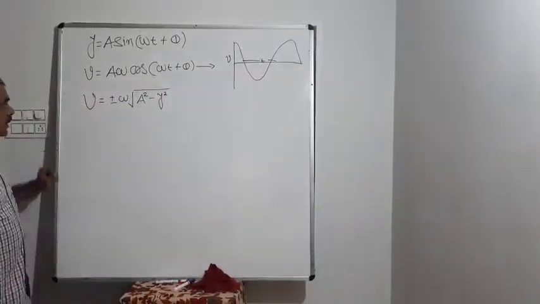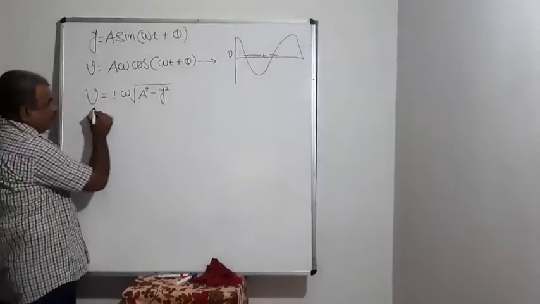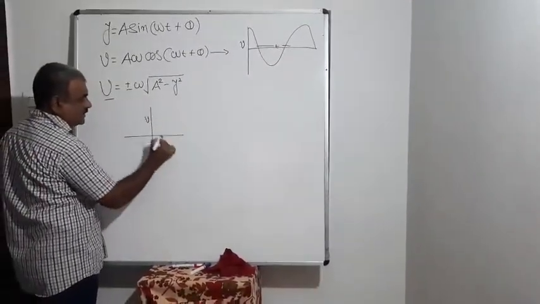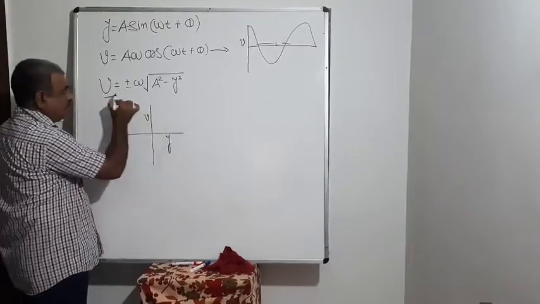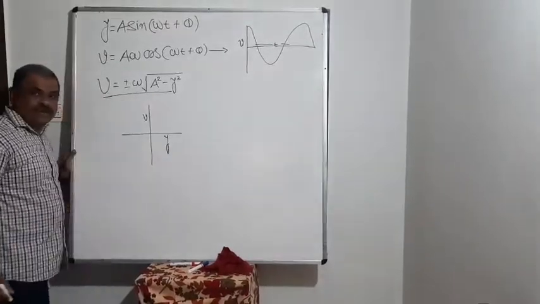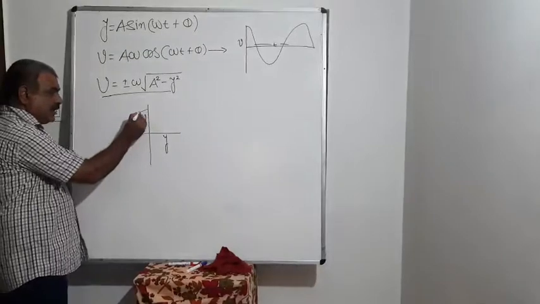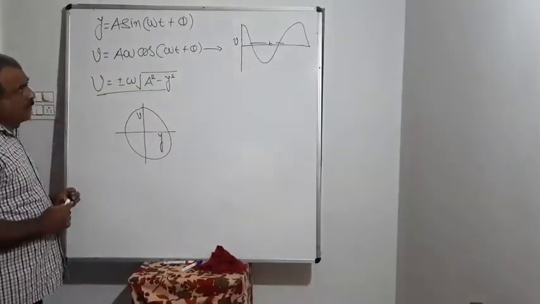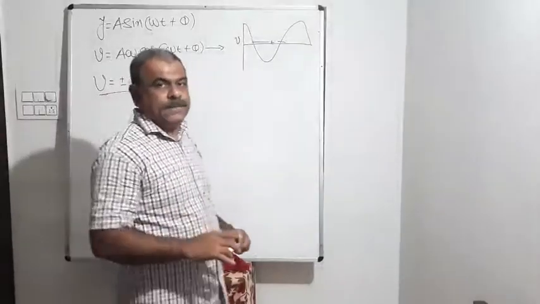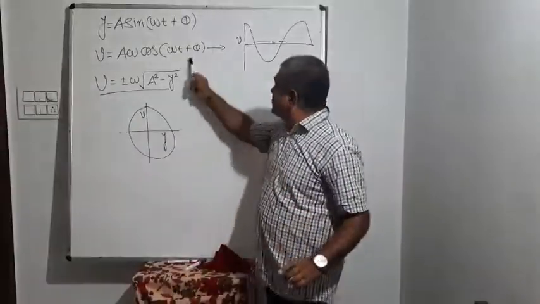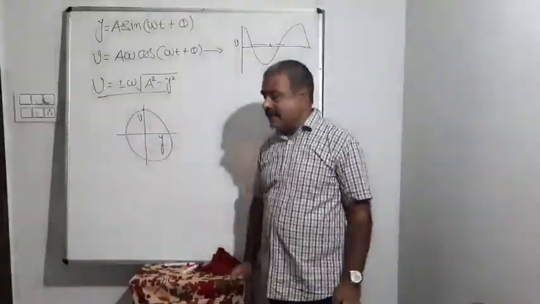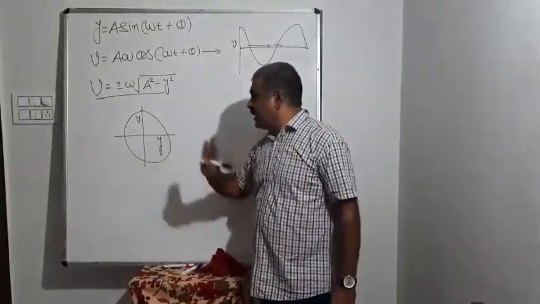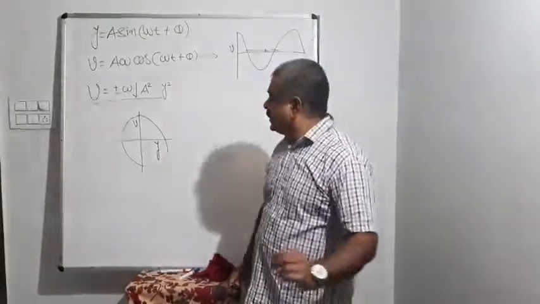Same way, if I plot velocity versus displacement y graph, if we simplify that, this will be the equation of an ellipse, so it will be an elliptical graph. Yes, what you are supposed to prepare? Velocity versus time graph will be a cosine graph, while velocity versus displacement graph will be an elliptical graph.